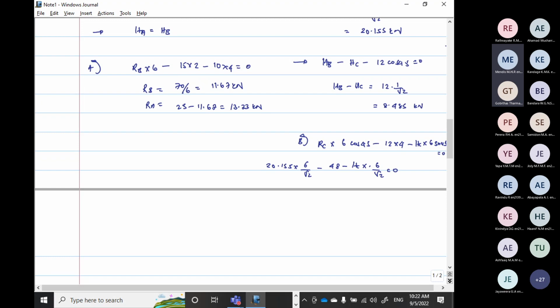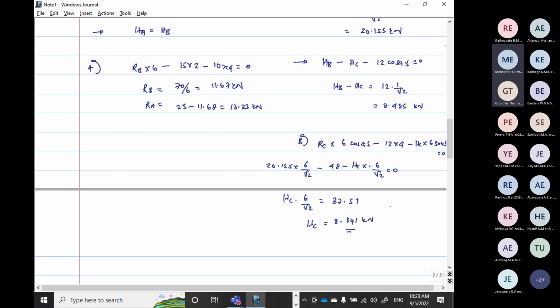Now 20.155 into 6 divided by root 2 is 85.510, minus 48, that is 37.51. So HC 6 over root 2 equals 37.51, and HC you will be getting is 8.841 kilonewton.